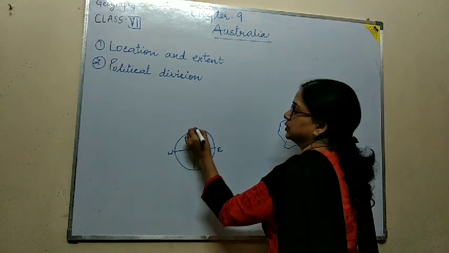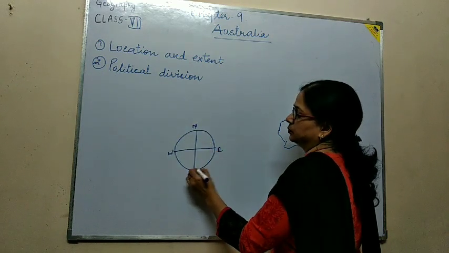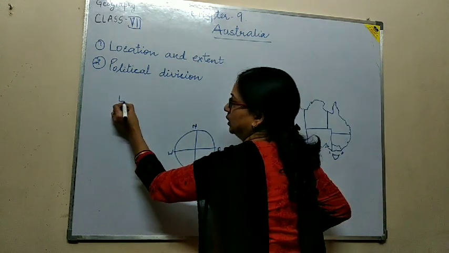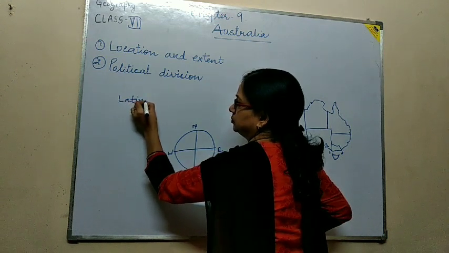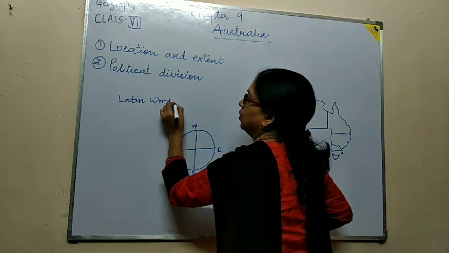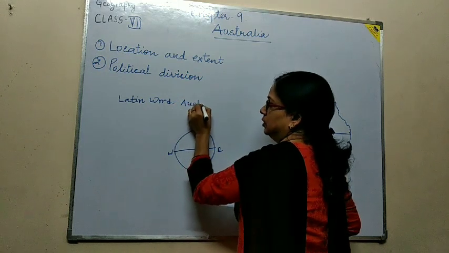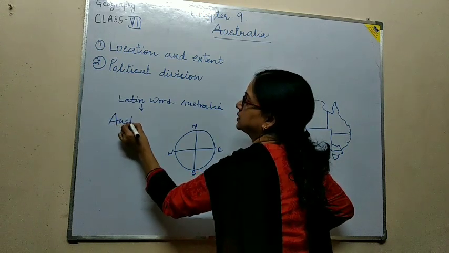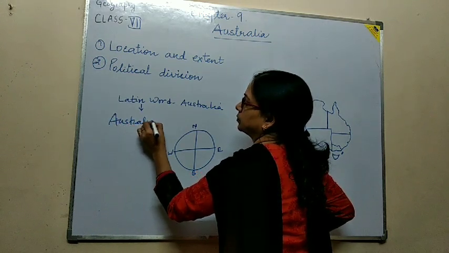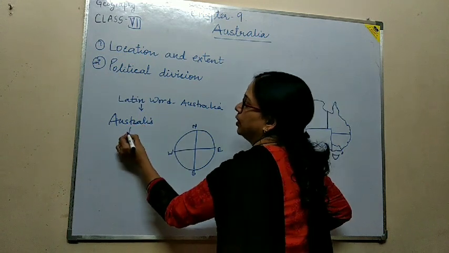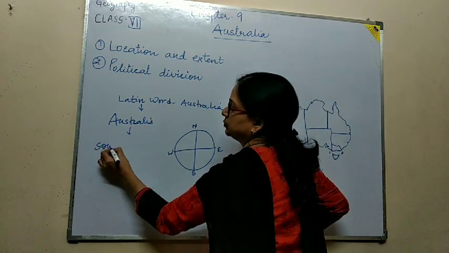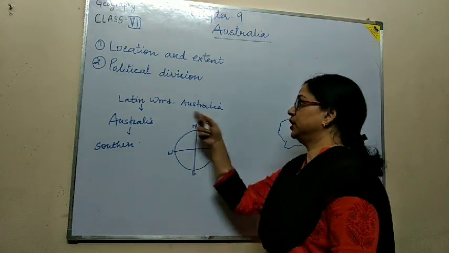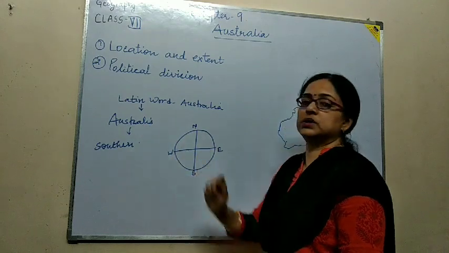The word Australia comes from the Latin word australis, which means southern.